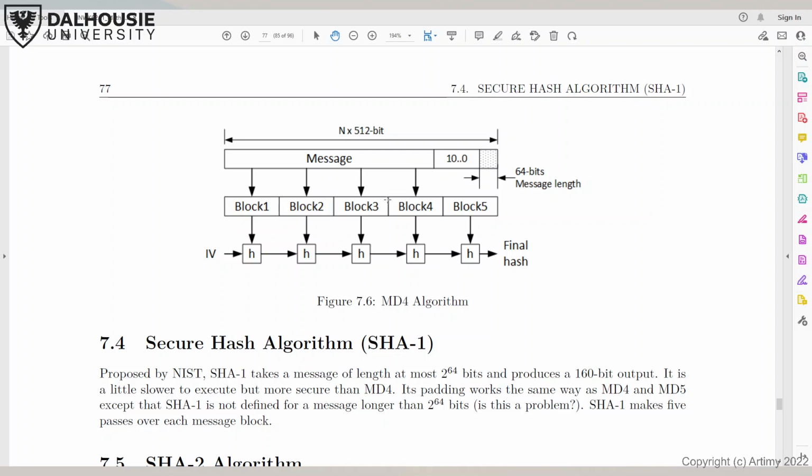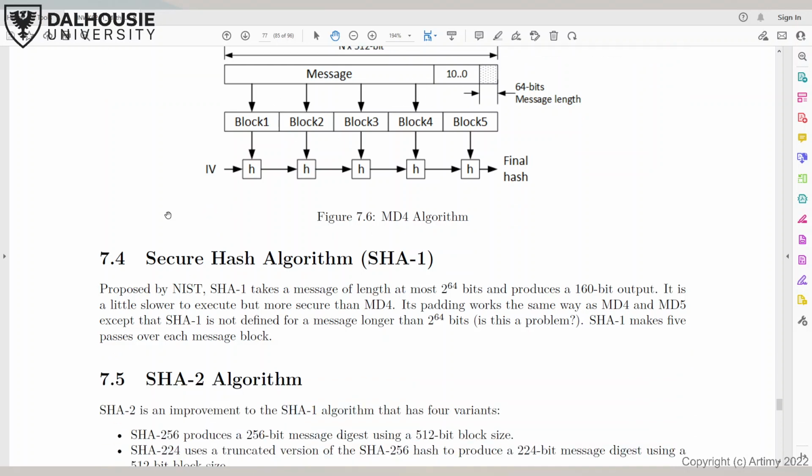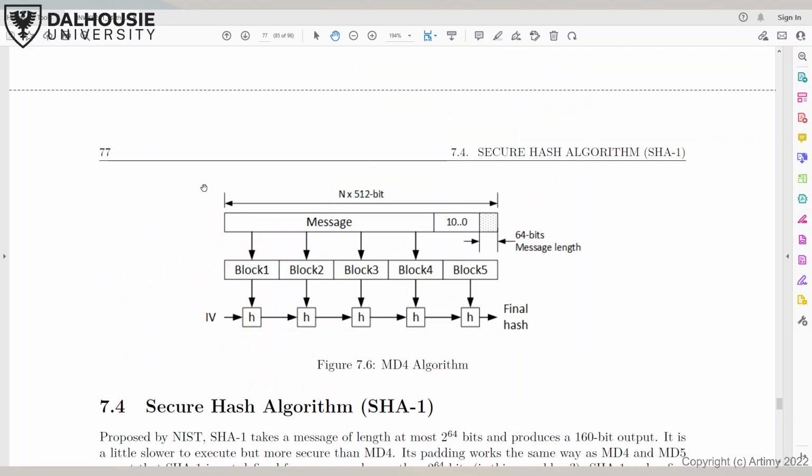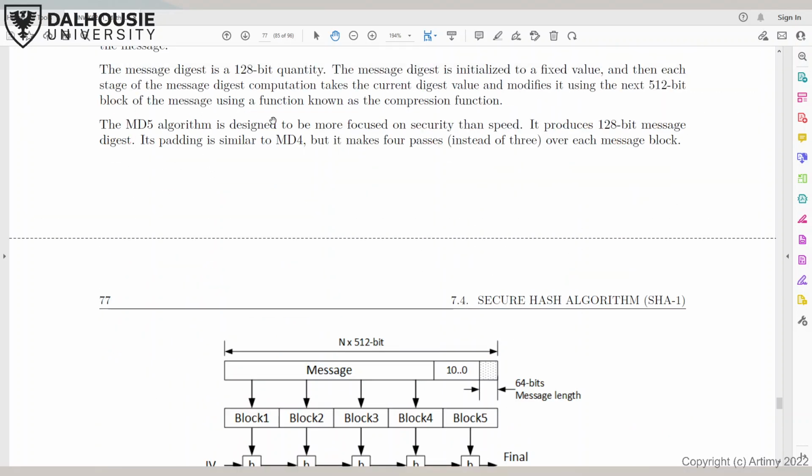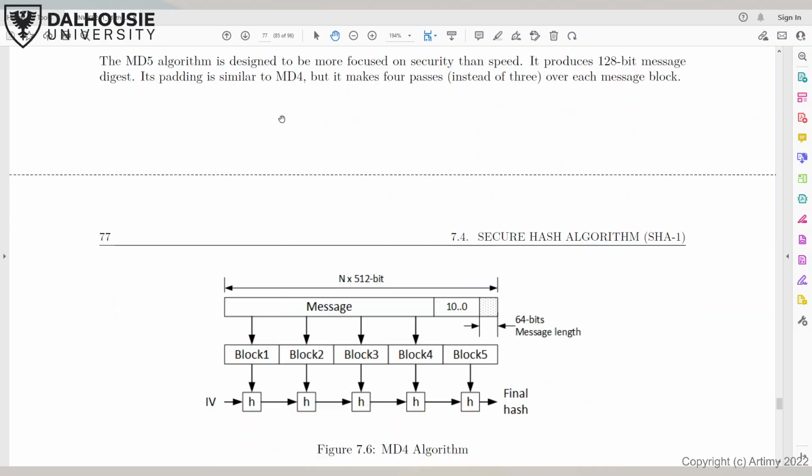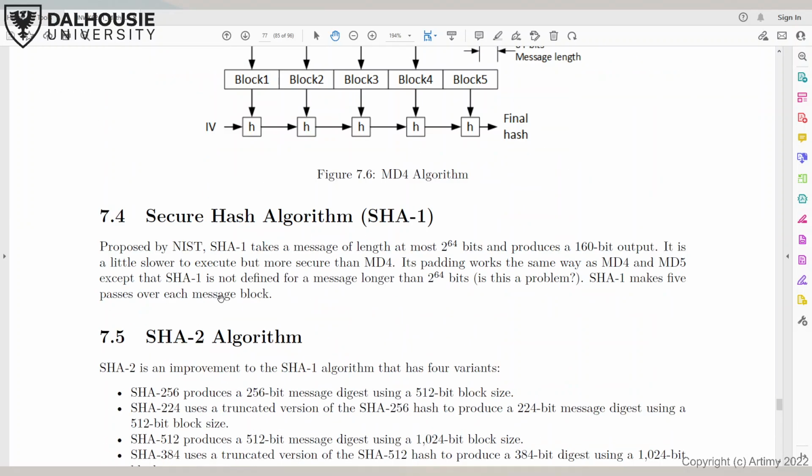In fact, I was looking into some information, and one of the interesting facts is that the person who proved that they can find a collision for MD5 worked on creating the secure hash algorithm, SHA-1.